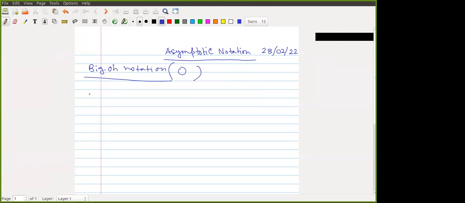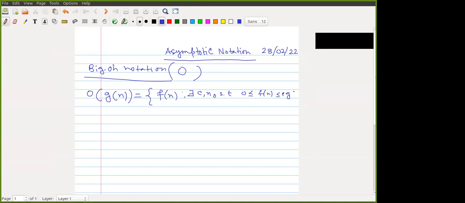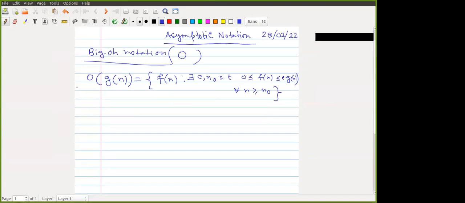So let's see the definition first. So big O of g(n) is, maybe I write it first and then I'll explain it. So let us assume that our f and g are functions of n.